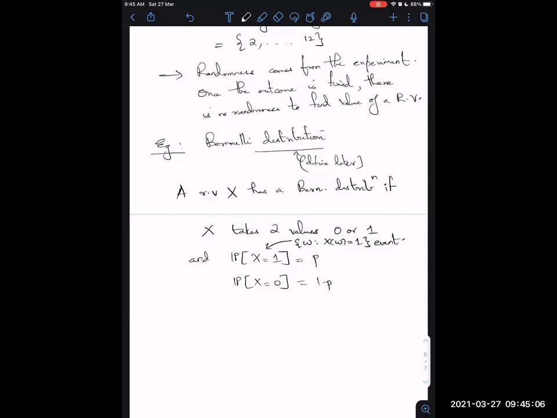So did you understand why writing x equal to 1 is not the right way? But still, that's the standard practice, so I also have to follow it. But x equal to 1 is just an event which corresponds to the set of all omega such that x of omega is equal to 1. Is this clear? This has to be very clear. I won't repeat these things again.